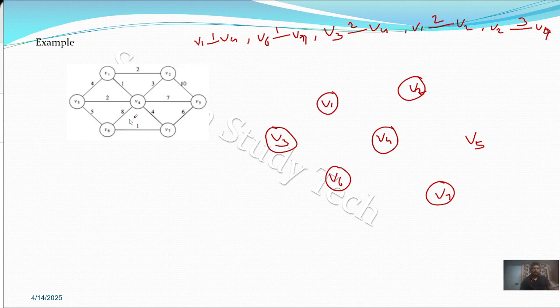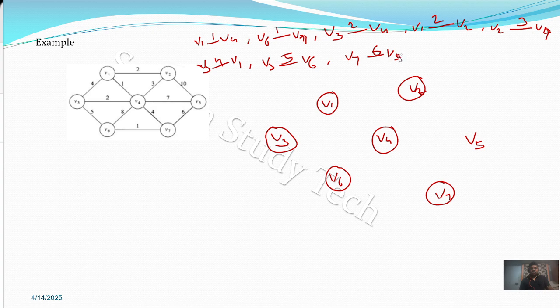The next least cost is V3 to V1, with cost 4. Next, V3 to V6 has cost 5. Then V7 to V5 has cost 2.